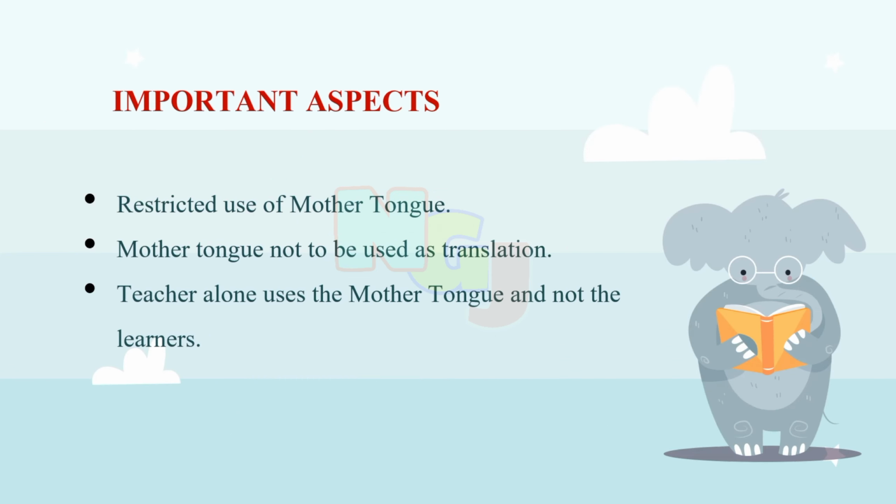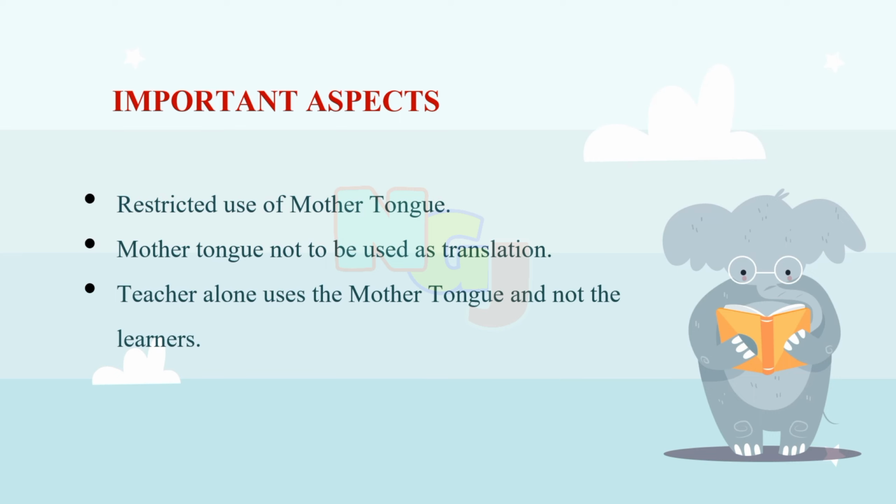Now let us see what are the important aspects of a bilingual method. The first aspect is that there is restricted use of mother tongue. How is the restriction there? The restriction is that the teachers alone can use the mother tongue. Hence, restricted use of mother tongue. Mother tongue is not used as translation.